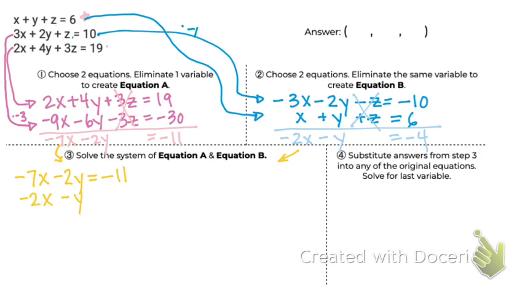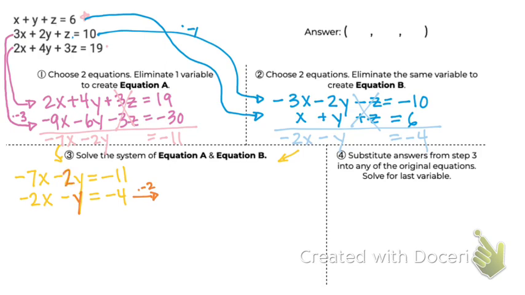Look and see, do I need to multiply either of the equations by anything? Yeah, I can't just add them together and have the x's eliminated or the y's eliminated. But the y's will be pretty easy to change because I see I have just a negative 1y. I can change that to a positive 2y by multiplying it by negative 2.